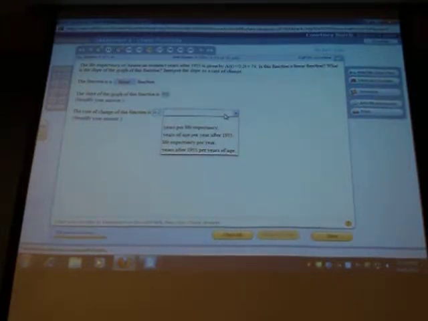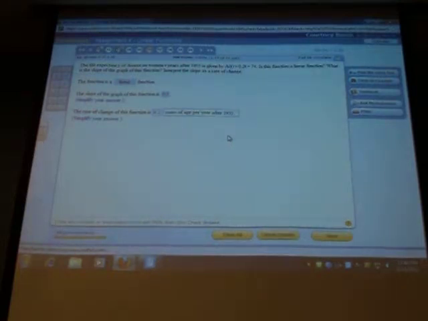Which one am I going to choose here? The second one, years of age. So it's going to go up 0.2 years of age per year after 1955. I'm going to add that to my life expectancy every year, per year, after 1955. That's why I'm going over this one.